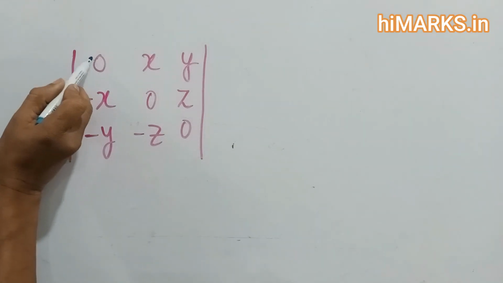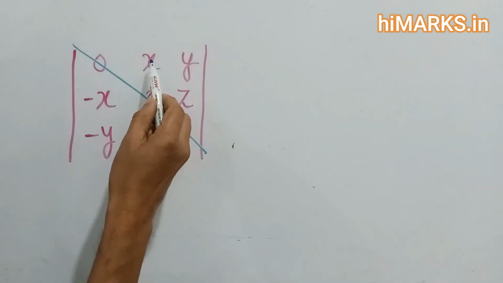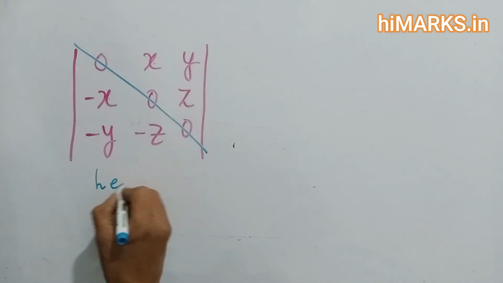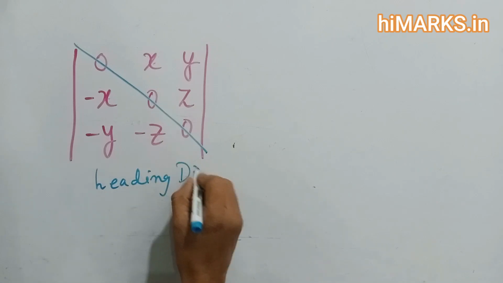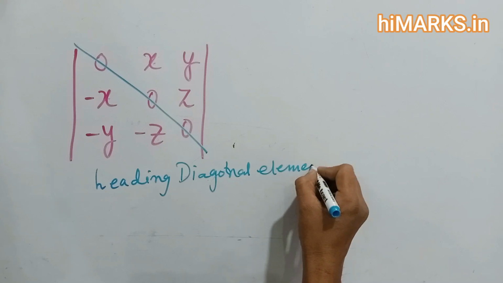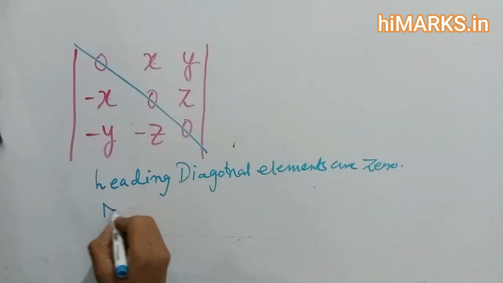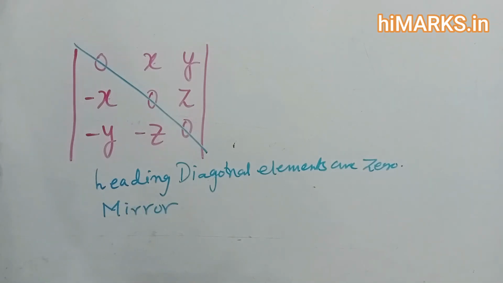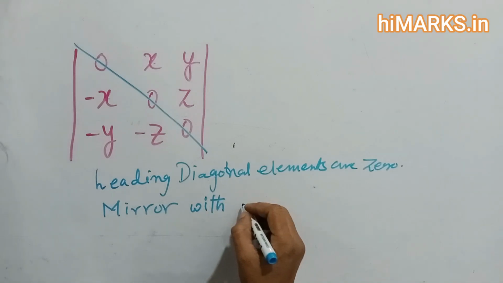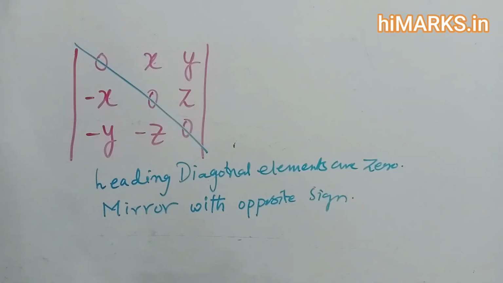The leading diagonal elements are 0, and the entries are mirrored on the opposite side with a negative sign.